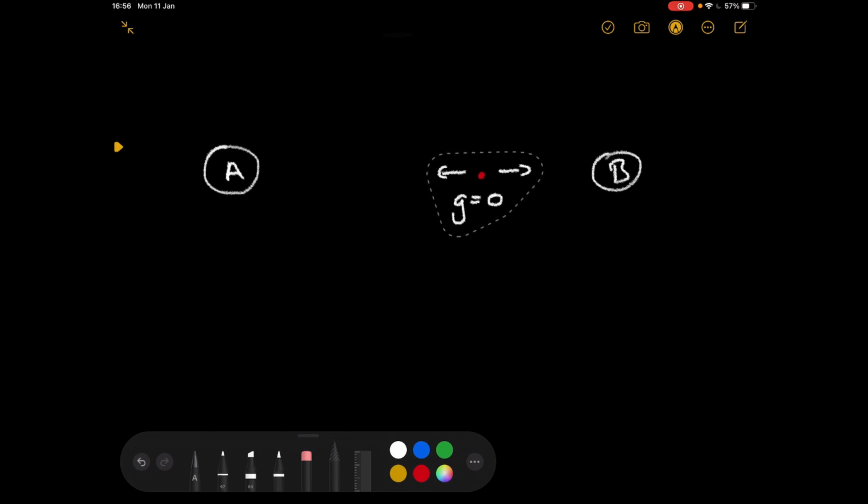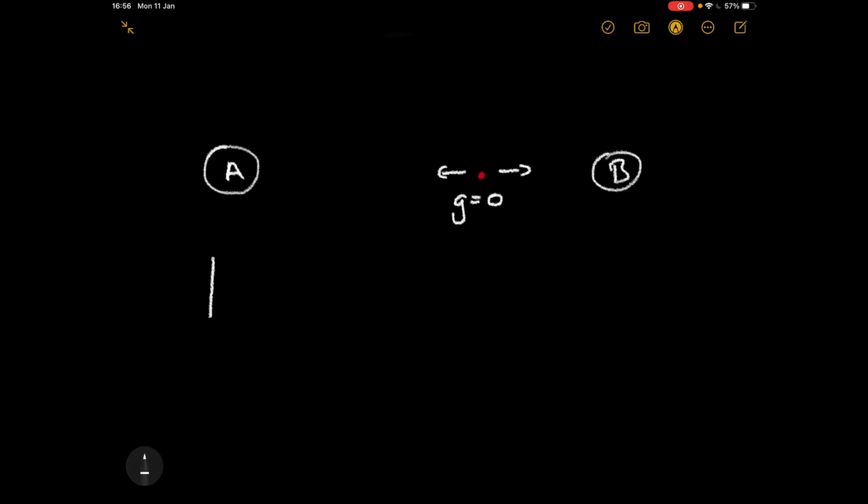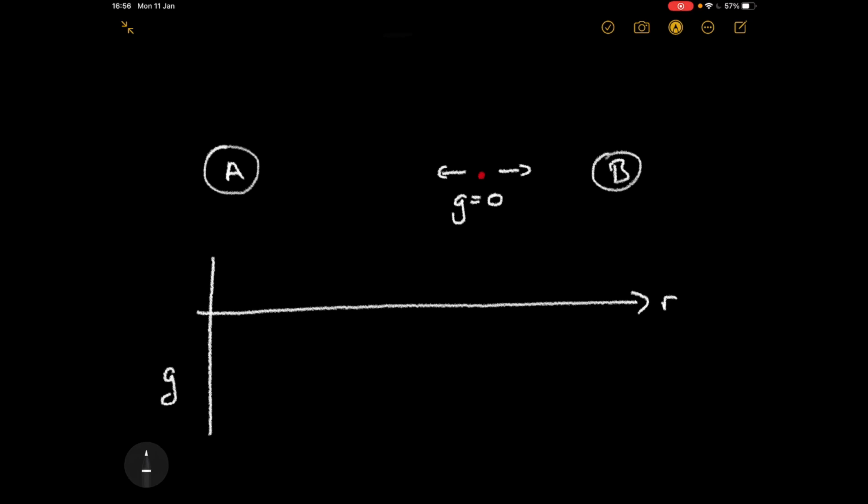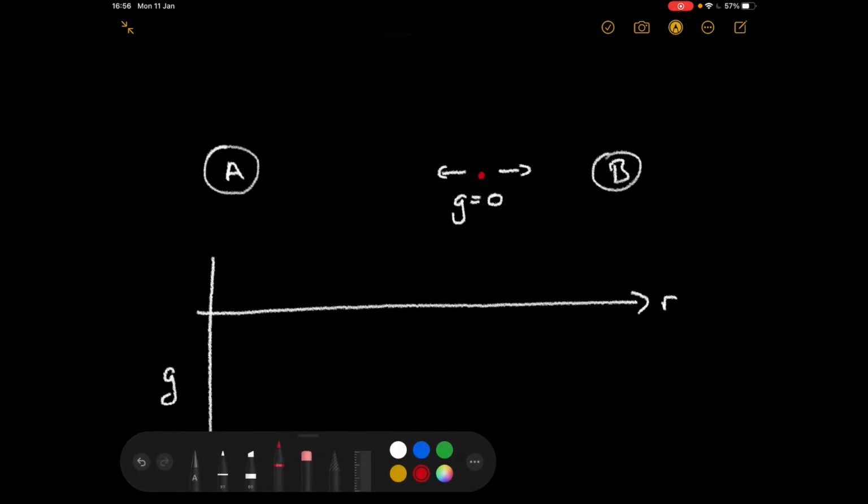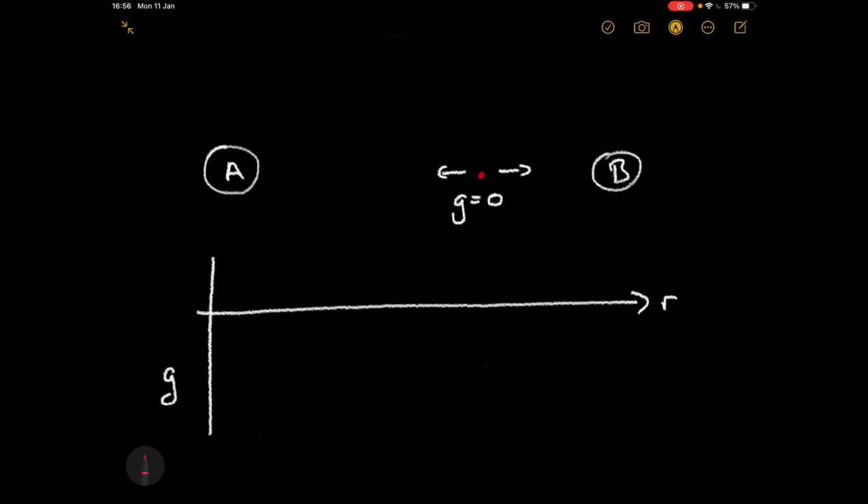But in order to draw that, if we were to map what happens to the strength of G with R, what we need to do here is actually have a crossover point.